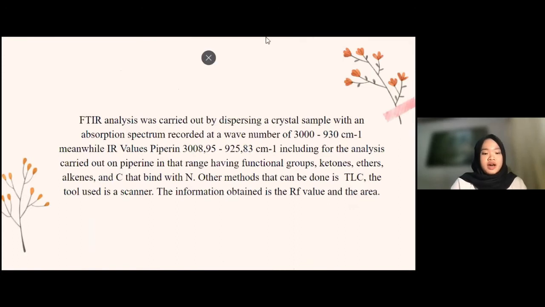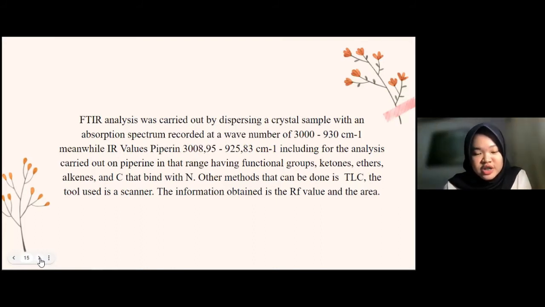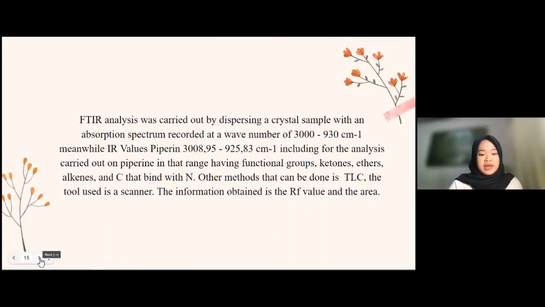FTIR analysis was carried out by dispersing a crystal sample, with an absorption spectrum recorded at a wave number of 3000 until 930 centimeter inverse. Meanwhile, the IR values of piperine are from 3008.95 until 925.83 centimeter inverse, including for the analysis carried out on piperine in that range, having functional groups: ketones, ethers, alkenes, and C that binds with N.